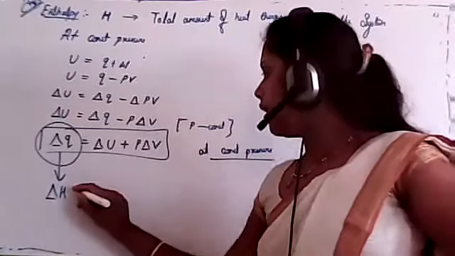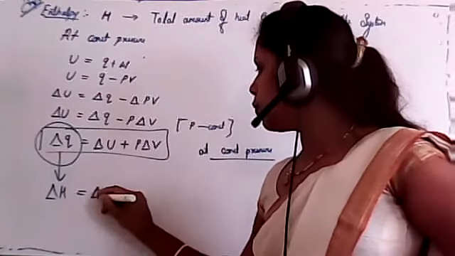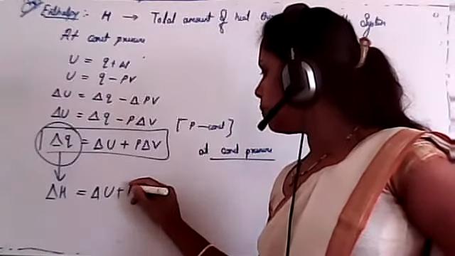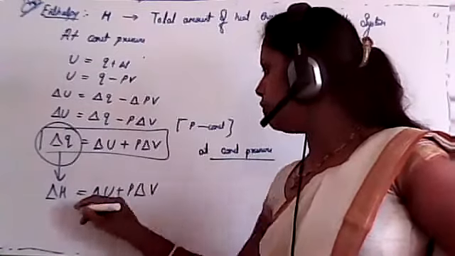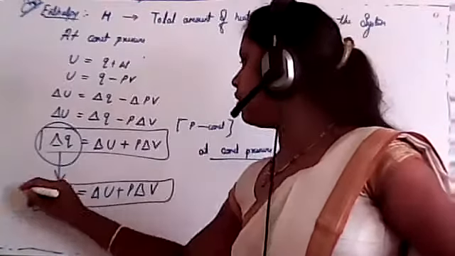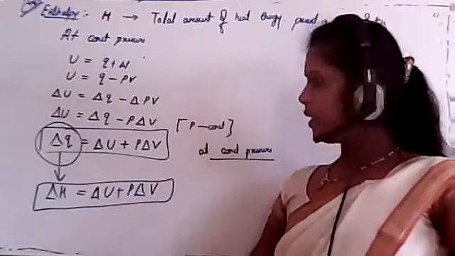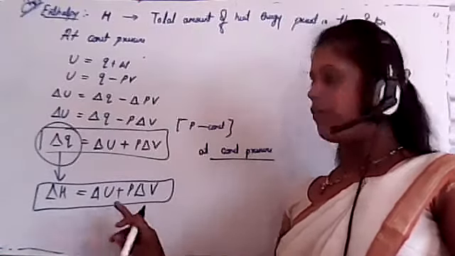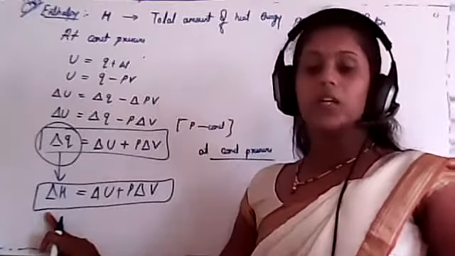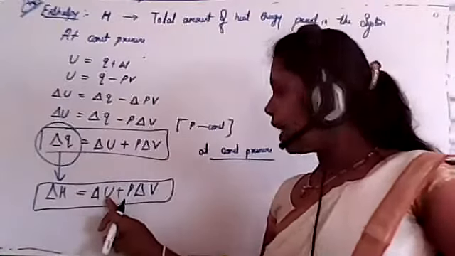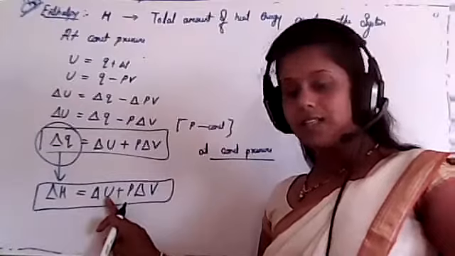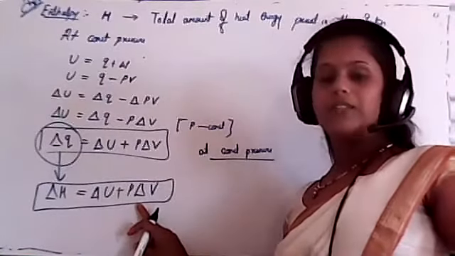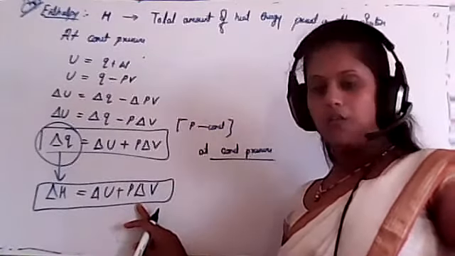Clear? What is enthalpy equal to? Delta H is equal to delta U plus P into delta V. So this expression is very important. Delta H is nothing but change in enthalpy, delta U is nothing but change in energy, and P delta V is nothing but change in volume.